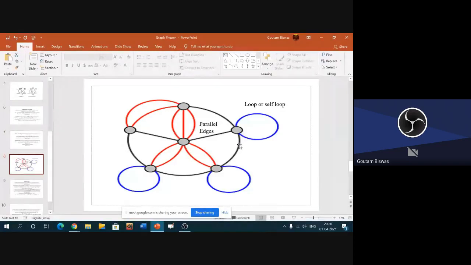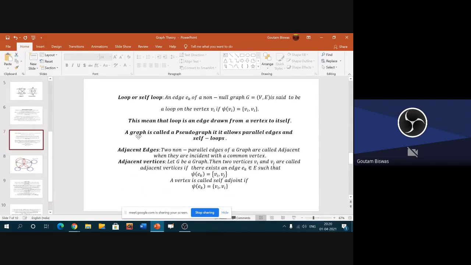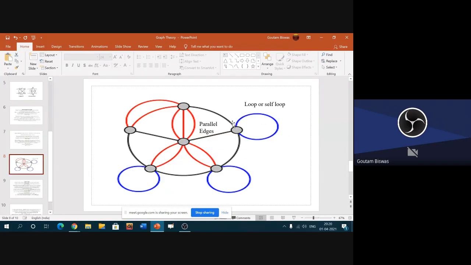This edge and this edge, this edge or this edge are adjacent. Why? Because two non-parallel edges of a graph are called adjacent when they are incident with a common vertex. Now see, this and this one has a common vertex.